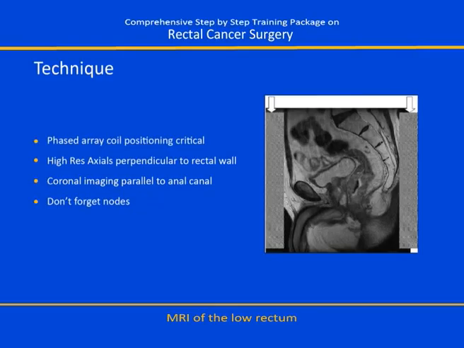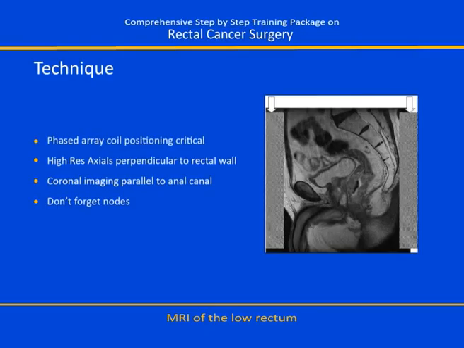So in the other presentation, you heard about the technique and how it's important to get adequate views and adequate technique in order to show the tumour at its best. And the same particularly applies to low rectal cancers.